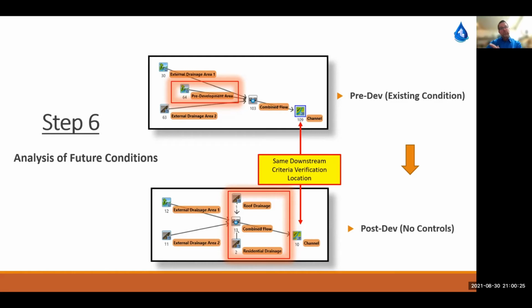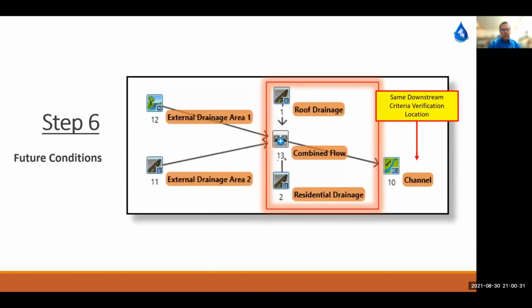And the amount that runs off depends on the imperviousness of the development. So again, this slide just shows you in a little bit more detail the post-development condition without any stormwater management controls. And again, I'm using the receiving channel downstream to evaluate whether or not we meet the criteria or the proponent meets the criteria. In this case, I was not the proponent.